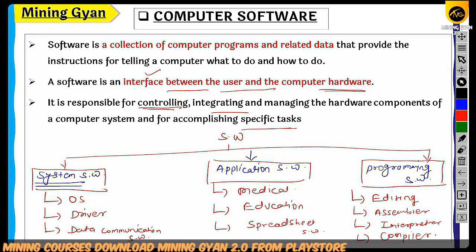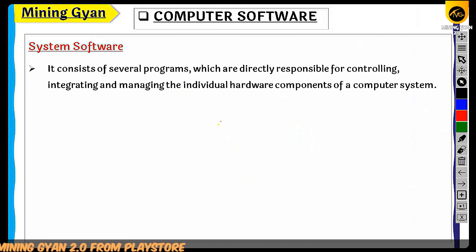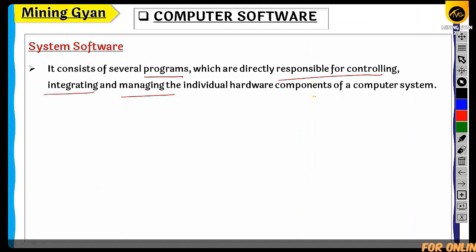The first one is system software. So what is system software? Basically it consists of several programs which are directly responsible for controlling, integrating, and managing the individual hardware components of a computer.